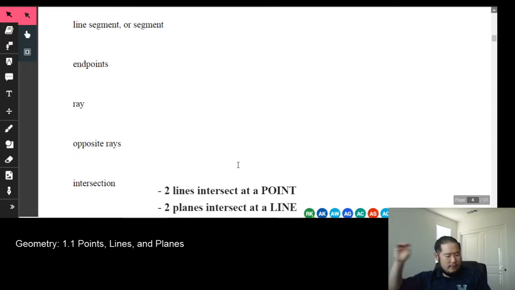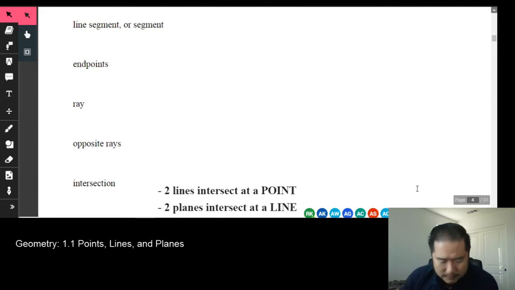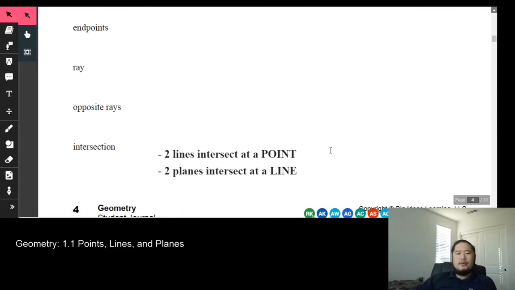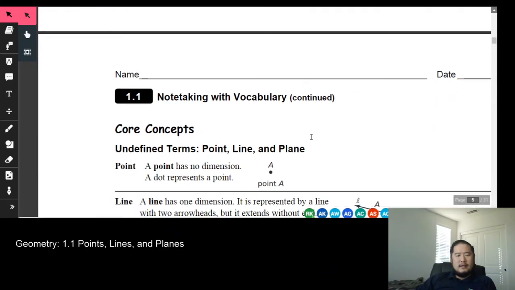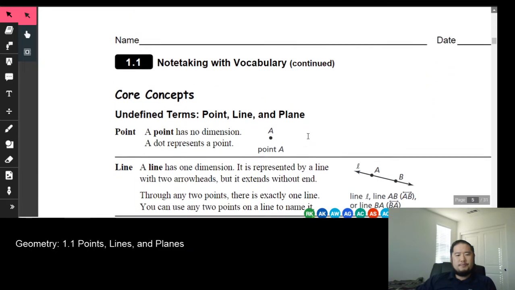Therefore, two planes intersect at a line. You're not really going to find this straight up in your book, but it's something you should be able to understand as you go through the lesson. So let's take a look at some other terms.